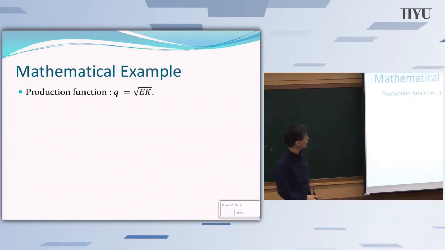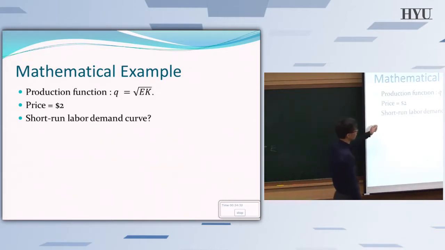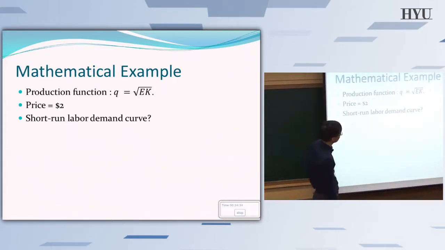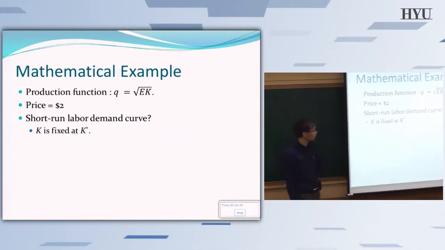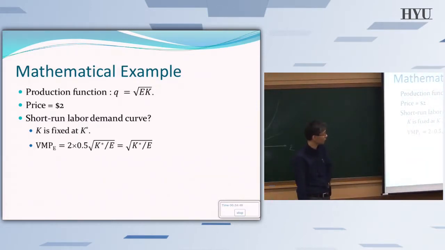Okay, so mathematically, you are given, let's say, a production function that looks like this. And let's say the price P is $2 per piece. Now what is the short-term labor demand curve? Basically, you assume K is fixed at K star, then you find the VMPE. The marginal product of labor equation comes from the production function equation.